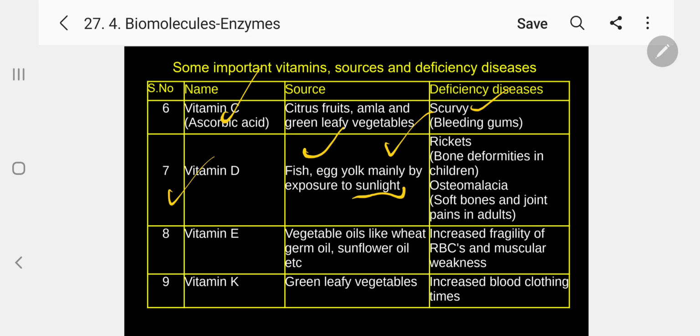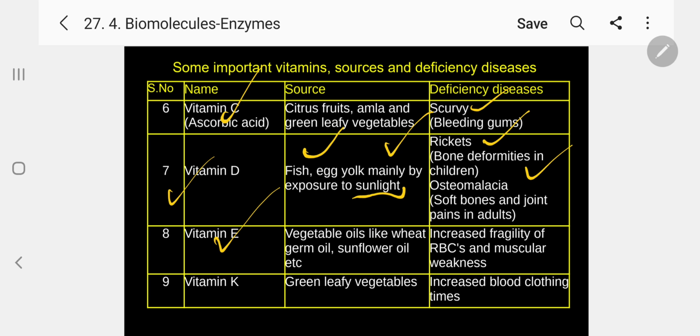The deficiency causes diseases: rickets, one of the diseases called bone deformities in children. The bone will bend, the teeth like this, deformity, that is called rickets. And osteomalacia, kindly follow, that is soft bones and joint pains in adults. This is due to the deficiency of vitamin D.